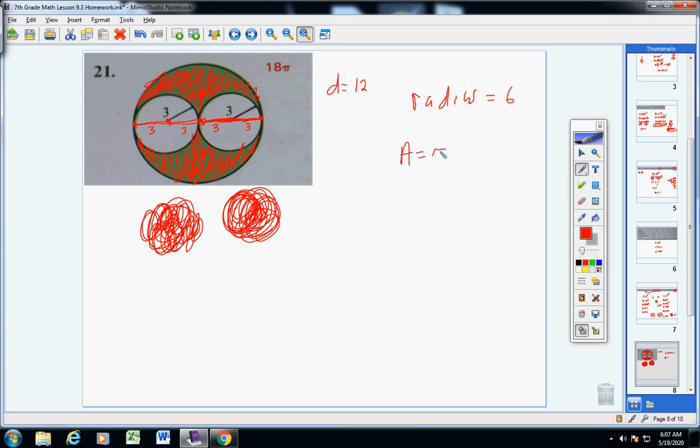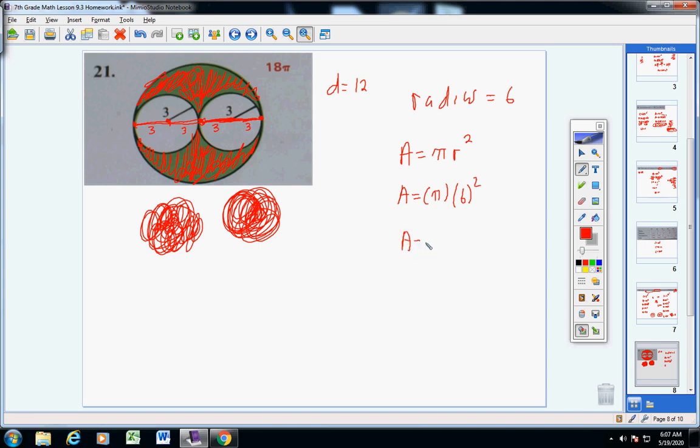We can now find the area of the big circle. And by the way, if you look in your book, the directions say to leave the area in terms of pi. So we're going to leave pi. My radius is 6, so 6 squared.